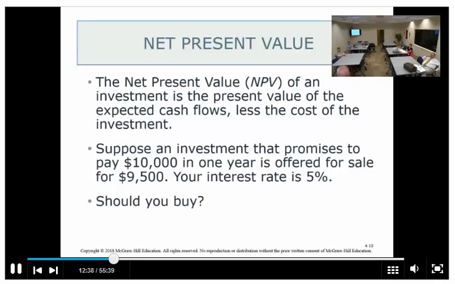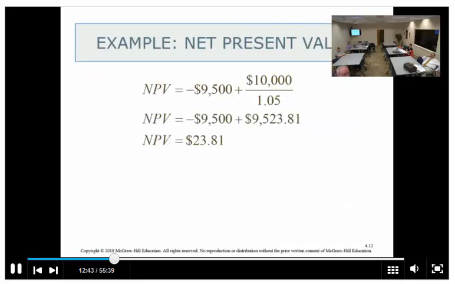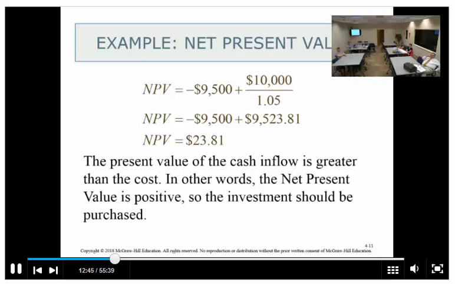Well, the reality is that if your desired rate is 5%, and you're paying $9,500, well, in this case, the present value of the cash inflow is greater than the cost. In other words, the net present value is positive, so this is a good deal. In other words, we're actually doing a little better than what we want. Okay.